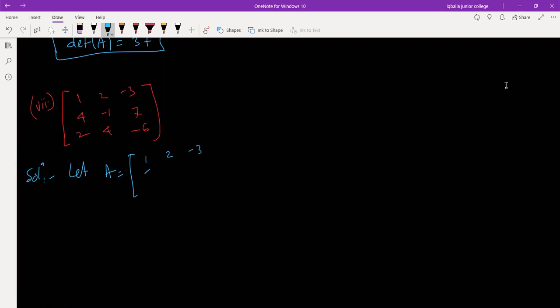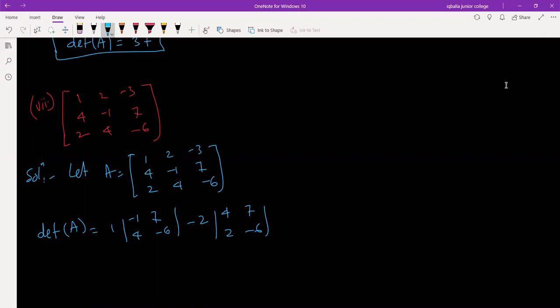A is equal to 1 4 minus 1, 7 2 4, 7 minus 6. Here, that A is equal to 1 1 minus 4 4, 7 minus 6 minus 2, and their cofactor is 4, 2, 4 7, minus 7 6, 2 minus 6, then minus 3, 4 and their cofactor is 4 4, 2 2, minus 1 4, okay.